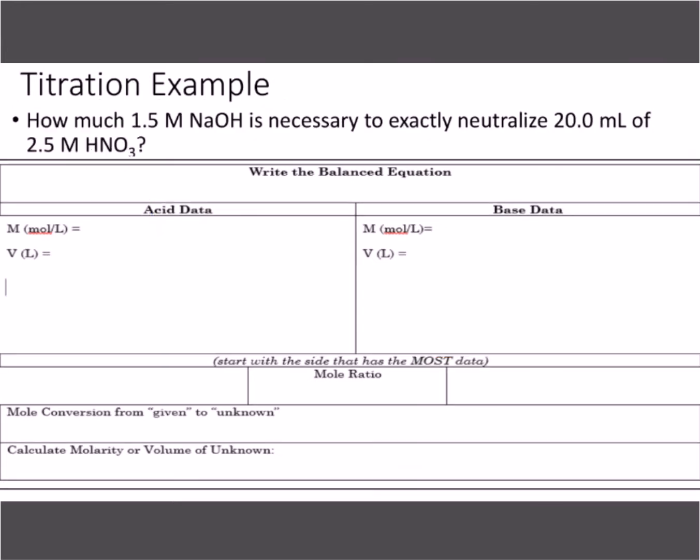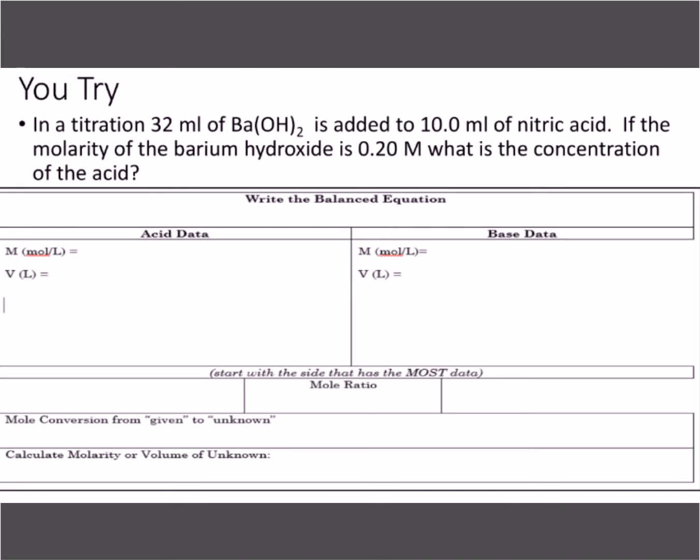All right, I want you guys to try the U-try problem that's in your notes. I'm going to kind of explain it as I go along. So step 1 again, write down your information. We have 32 mL of barium hydroxide, so that's going to be 0.032 liters, is added to 10 mL of nitric acid, so our acid data, we have 0.0100 liters of acid.